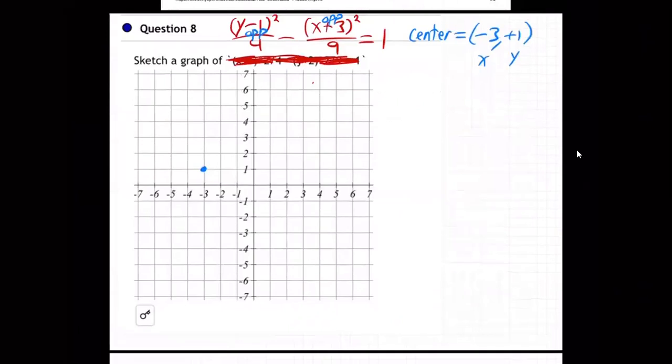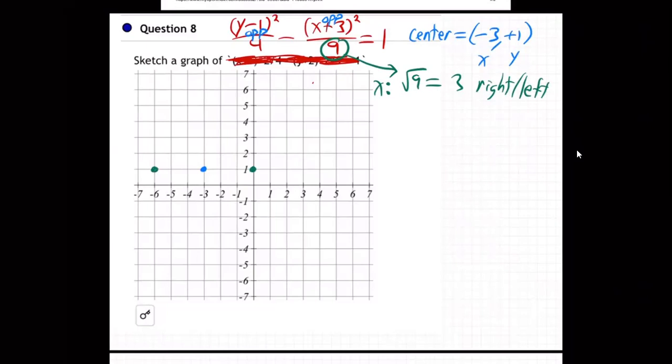So grab the number under x here, 9. The square root of 9 is 3, and that's right, left, because that's under x. So go right 3, 1, 2, 3, right there, and 1, 2, 3 right there. So I went right 3, left 3 from the center, right?